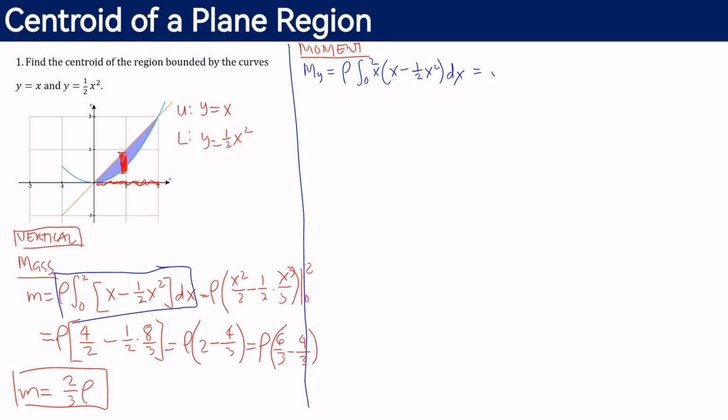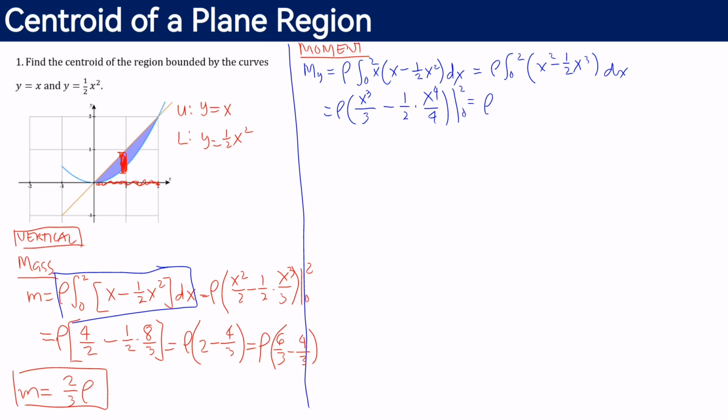Now multiply x, so I have rho, 0 to 2. Distribute x, so I have x squared minus 1/2 x cubed dx. The antiderivative is given by x cubed over 3 minus 1/2 times x to the 4 over 4. Evaluate from 0 to 2.